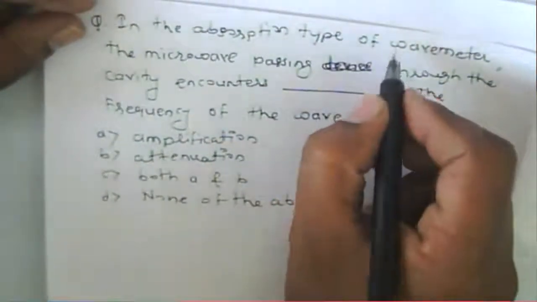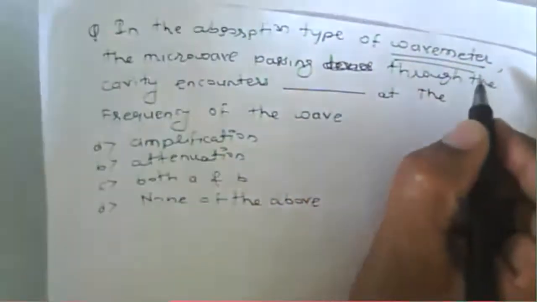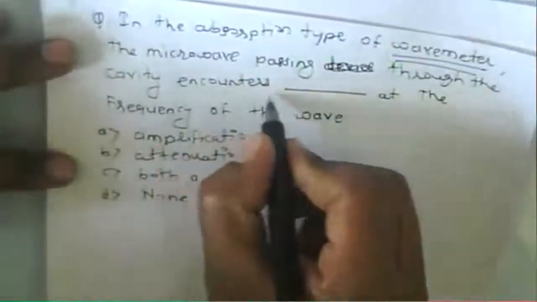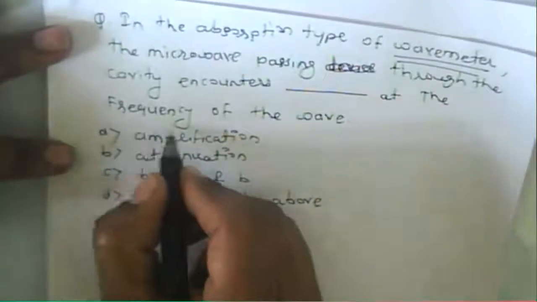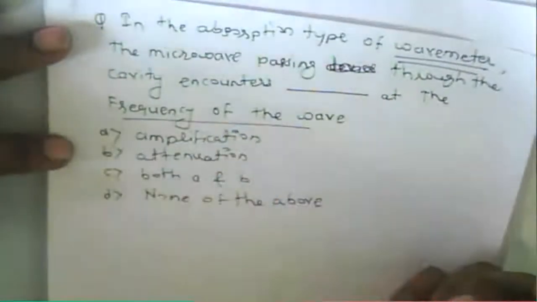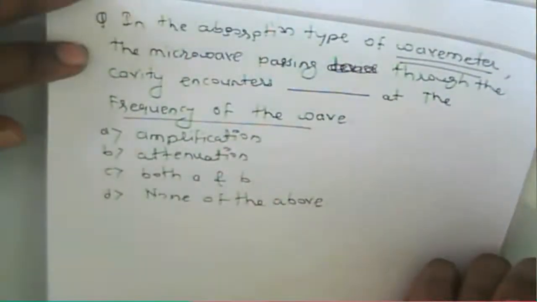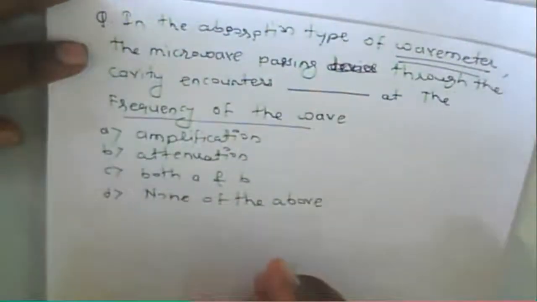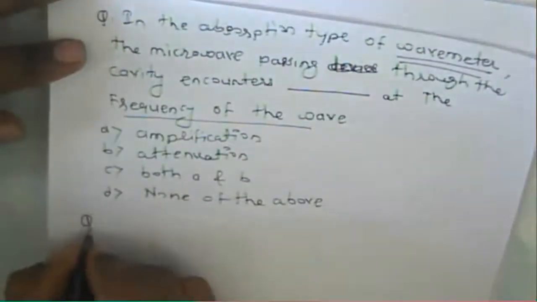What is the answer for this one? In the absorption type wavemeter, or we can say a frequency meter, the microwave passing through the cavity encounters dash dash at the frequency of the wave. Okay, please type your answer for this question.